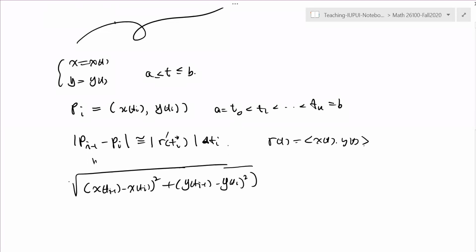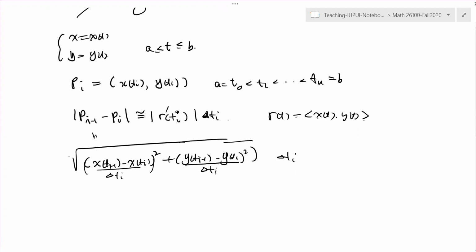Then you can divide both sides by delta ti. You put the delta ti inside, and it goes under the square root. It's delta ti squared. And then this is about, by a theorem, the derivative of something at ti star.